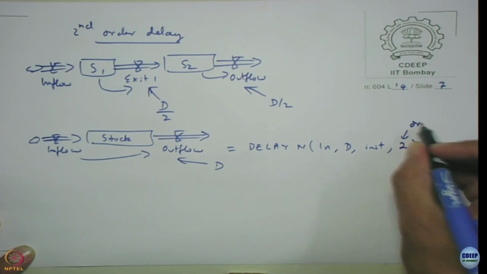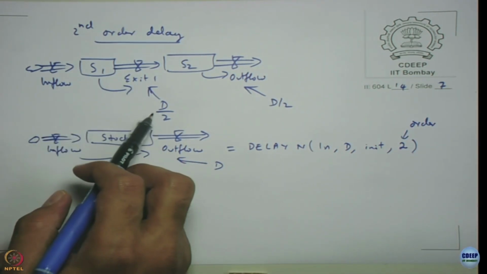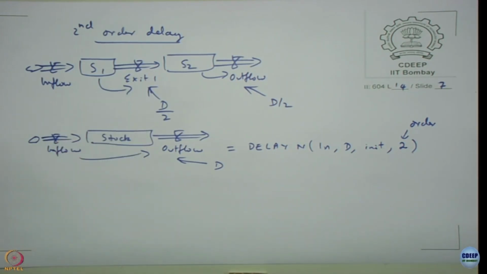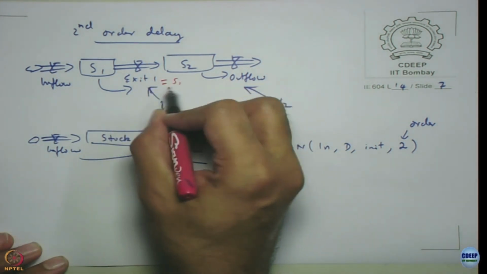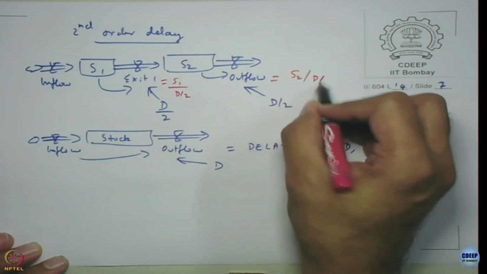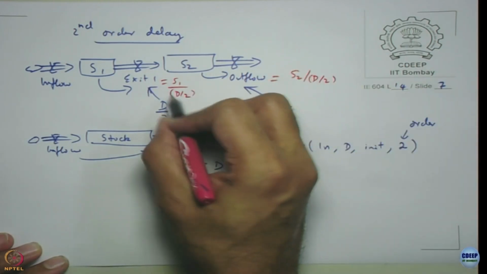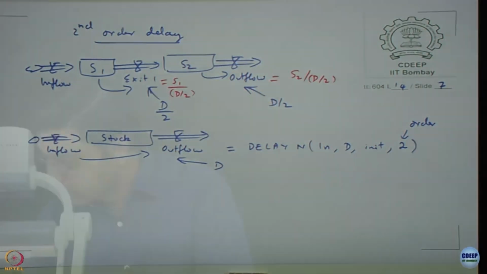So, this is your order. The equation for exit is nothing but S1 by D by 2, so exit is S1 divided by D by 2, and outflow is S2 by D by 2. Okay. So, this is second order delay.